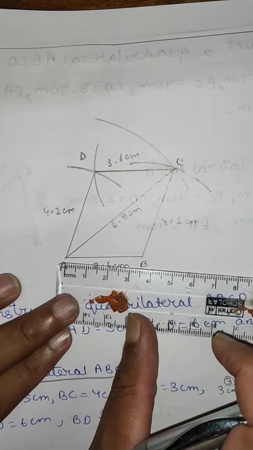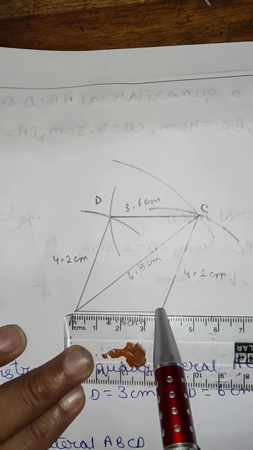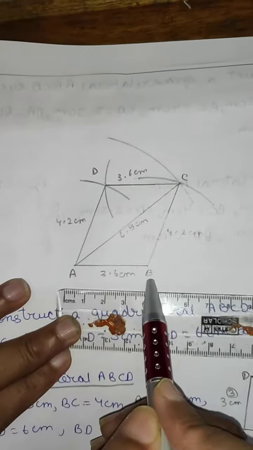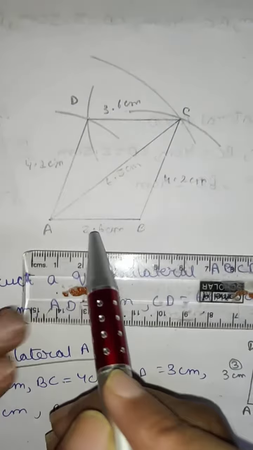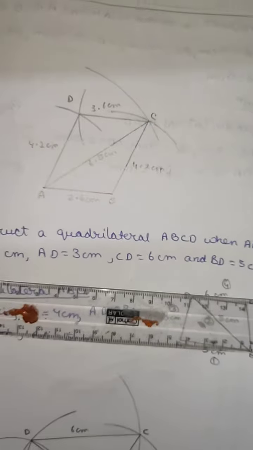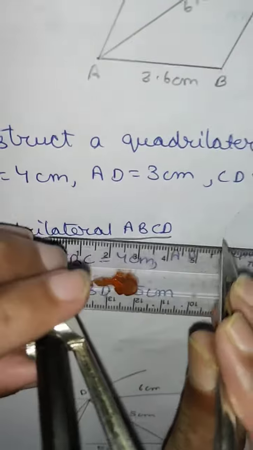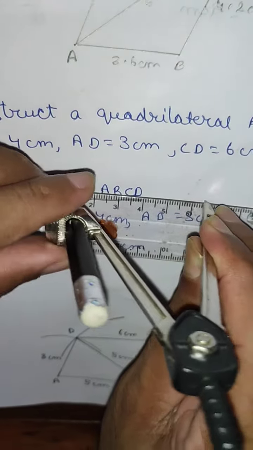Place your scale up to 3.6, you draw a line, mark by A, B 3.6 cm. Now your second step 6.5 cm. In your rough already I have marked. Then 6.5, you take the measurement accurately.